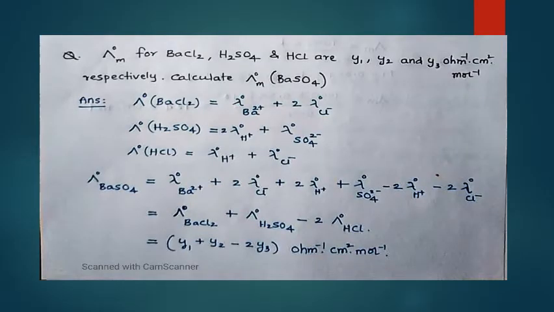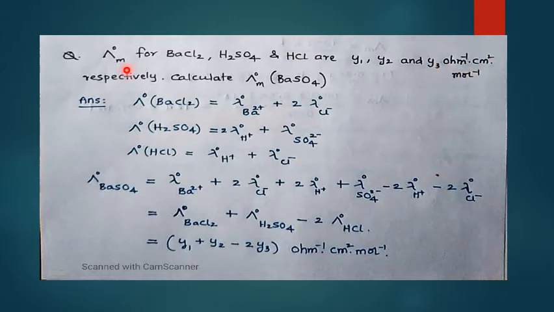Next question, students. The symbol represents molar conductivity, it is mentioned very clearly. Molar conductivity at infinite dilution for BaCl2, H2SO4 and HCl are Y1, Y2 and Y3 ohm inverse centimeter square mole inverse. Check the unit.